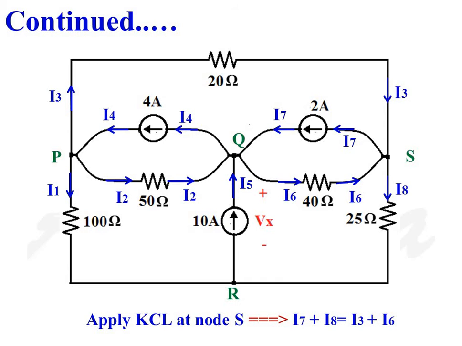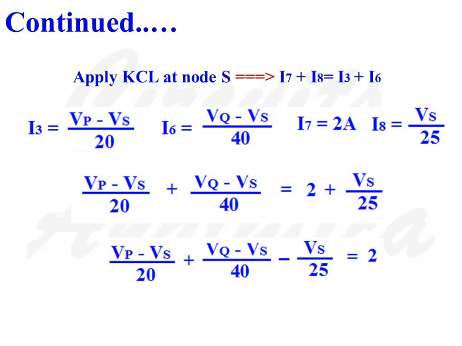So according to KCL, we can write I7 plus I8 is equal to I3 plus I6. I3 is equal to (Vp minus Vs) divided by 20. I6 is equal to (Vq minus Vs) divided by 40. I7 is equal to 2 ampere and I8 is equal to Vs divided by 25.